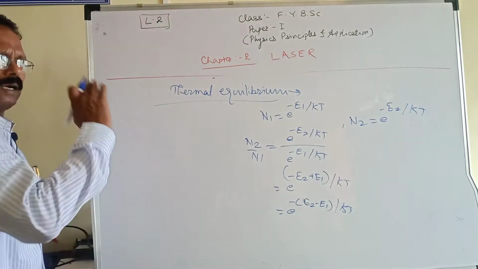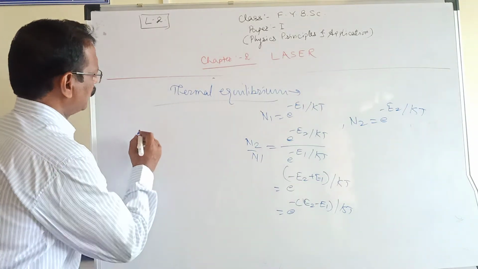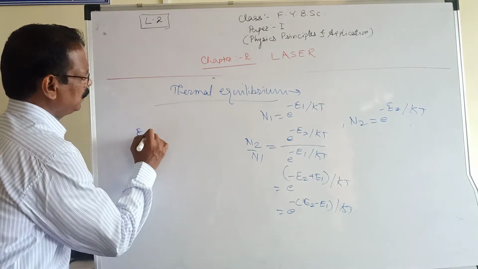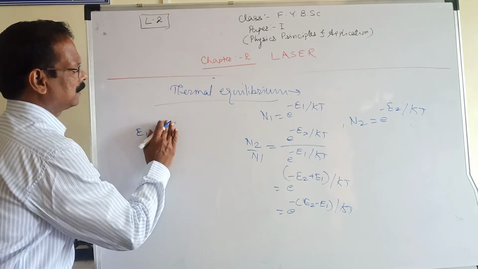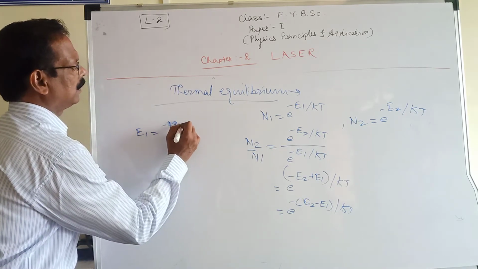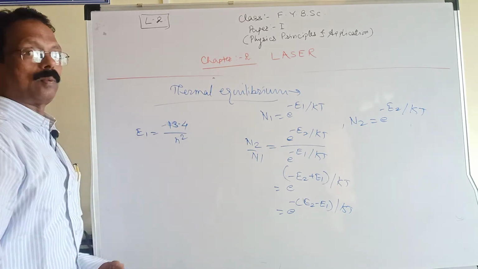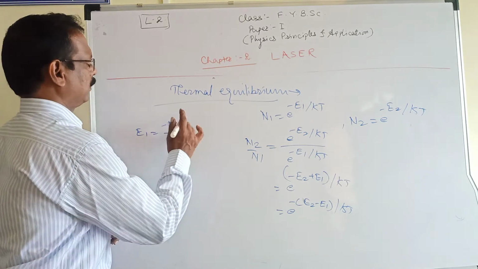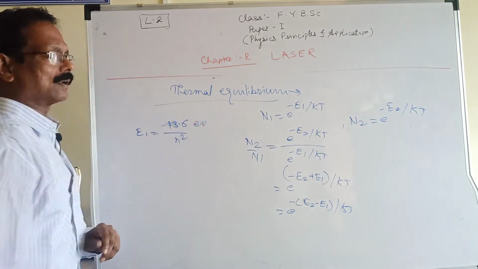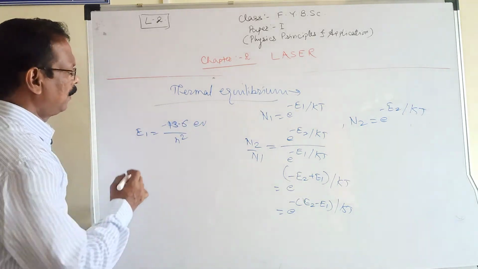We know from the first chapter on atomic structure that the energy level is E = minus 13.6 electron volt upon n square. So E1 is minus 13.6 electron volt.